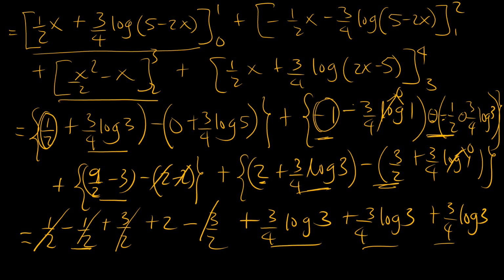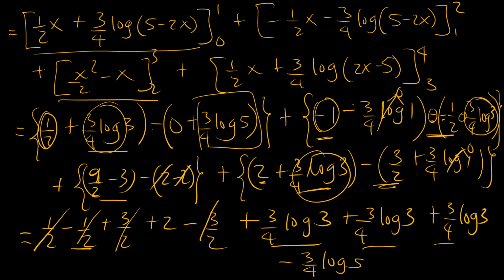And then we have this minus 3 over 4 log 5. So we've been able to account for that, and that, and that, and that. So this is 2 plus 3 times 3 over 4 log 3 minus 3 over 4 log 5.